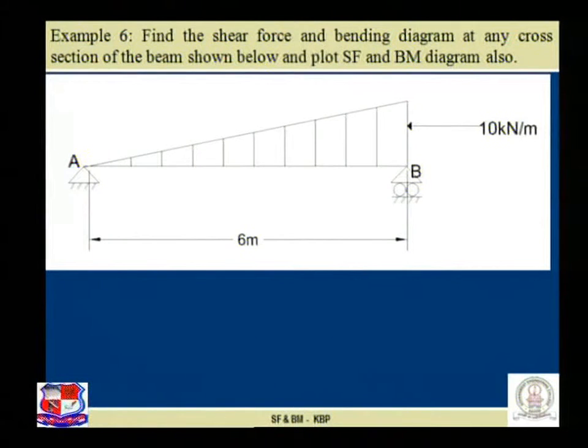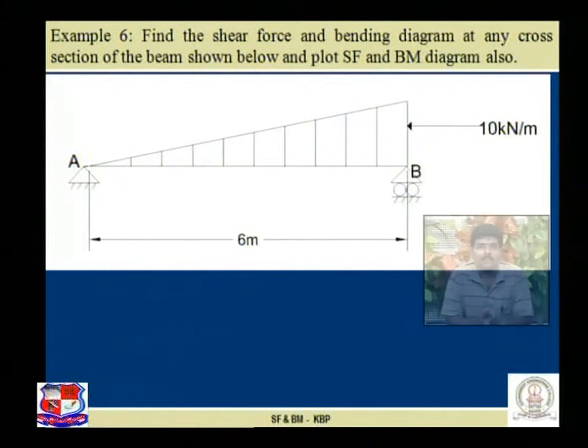Bending moment is defined as the algebraic sum of the moments of the forces to the left or right of the section. Based on these fundamentals, we had drawn SF and BM diagrams for a simply supported beam for point load as well as uniformly distributed load.